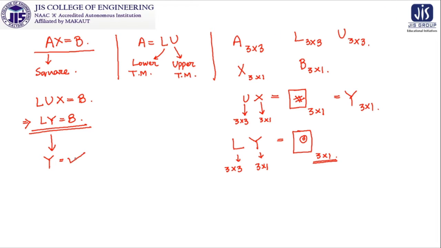If we get the value of Y, we can put it in the equation we assumed here, that is Ux = Y. Putting the value of Y here, we can get in the next line the value of x, because U is known and Y is also now known to us.